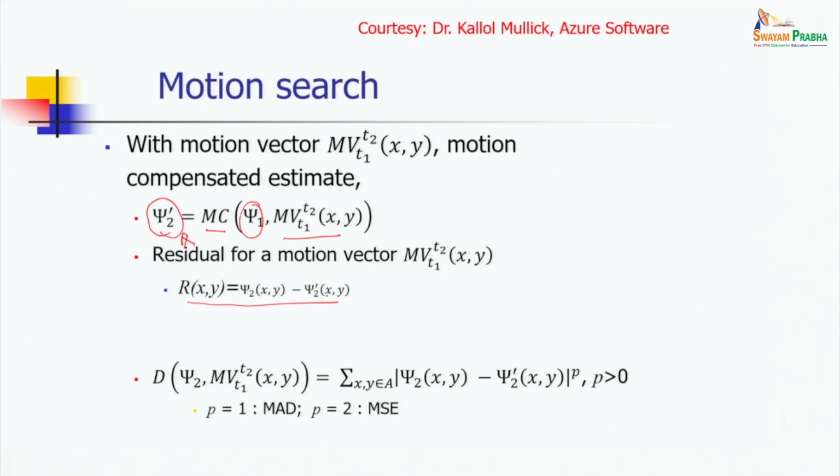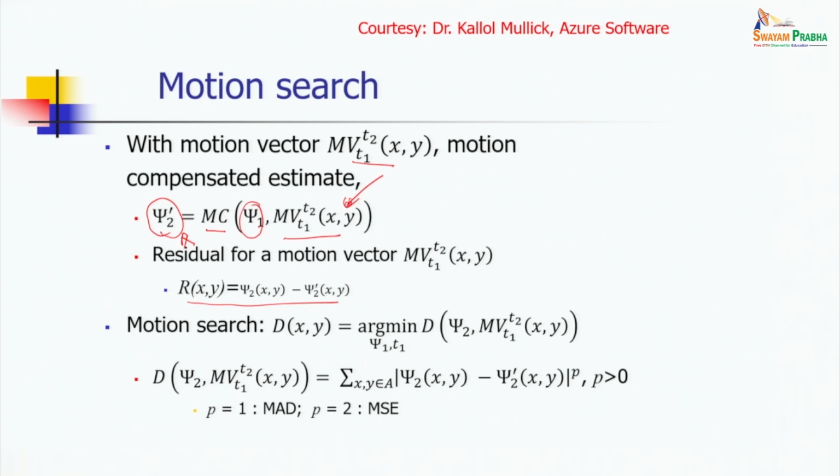So we consider the block which is closest to this block, this psi1, and that needs to be considered. The argmin of psi1 at t1 over these motion vectors gives you the corresponding motion search.